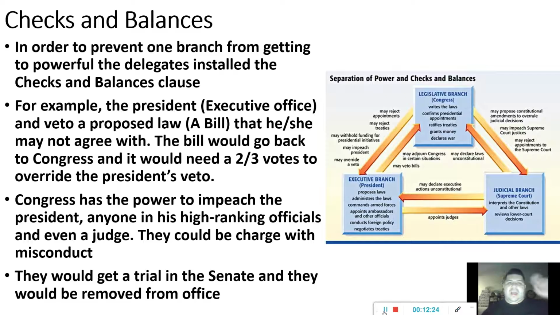The president can't be like, well, I veto it again. No, you have only one veto, and that's it. He can use it for other bills, but on that particular bill, they cannot veto it. If it's kept the same way, same wording and everything, the president cannot veto it again.